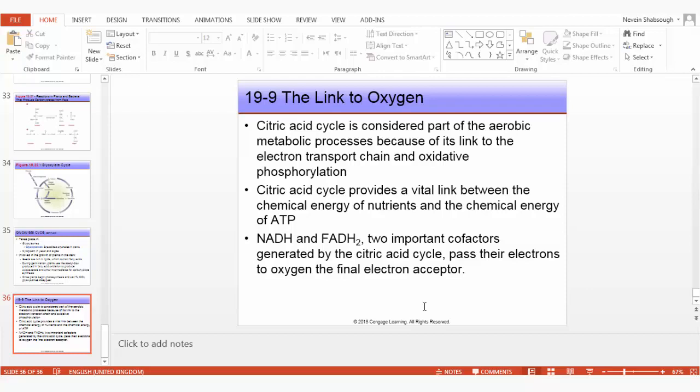Now the cycle acts as a vital link between the chemical energy of nutrients and the chemical energy of ATP. Now many molecules of ATP can be generated as a result of coupling to oxygen. And we shall see in the next chapter the number depends on the NADH and FADH2 generated in this citric acid cycle.